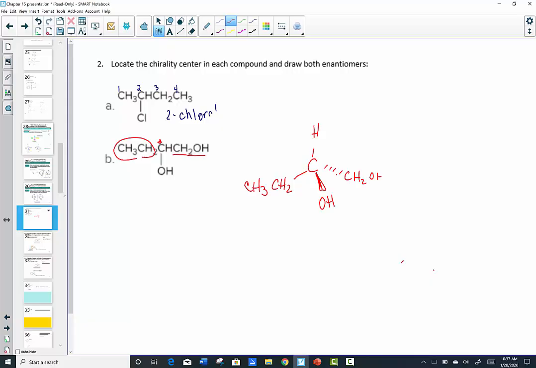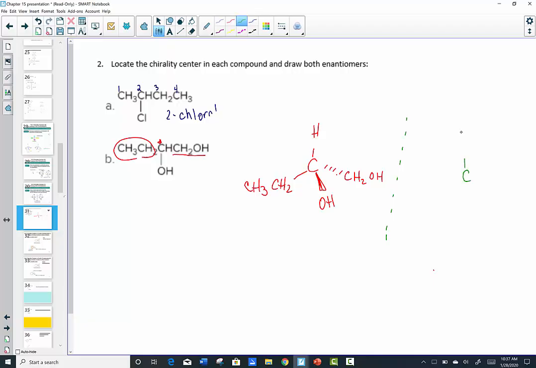So I have just arbitrarily decided what I wanted on the 4 attachments of the carbon. It is not important to have it just specifically one way. You can decide however you want to attach those 4 attachments to the lines. So we've just drawn the first chiral carbon and arbitrarily assigned dashes and wedges to 2 of the 4 components.